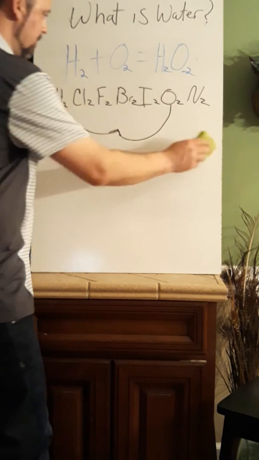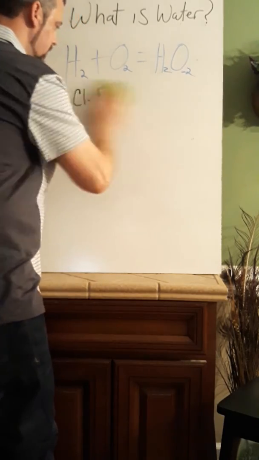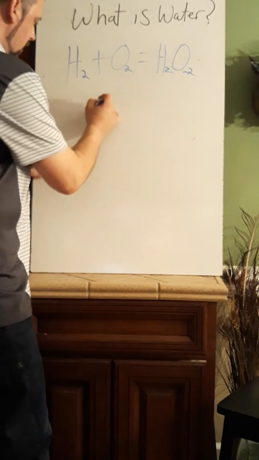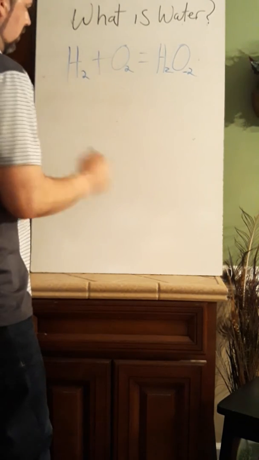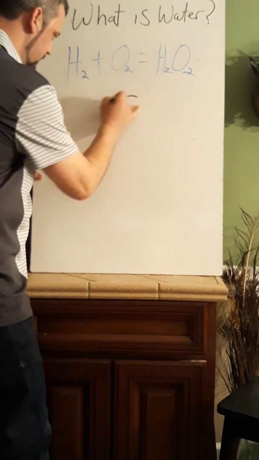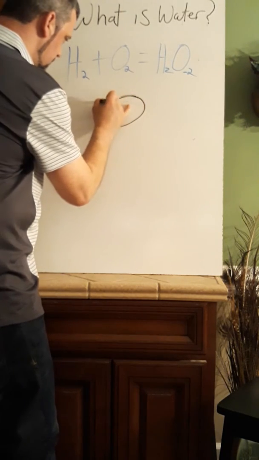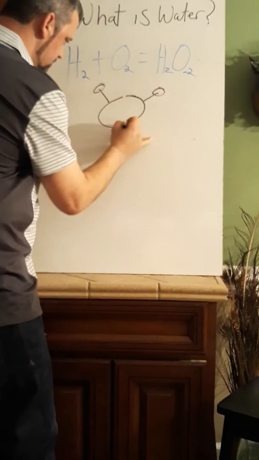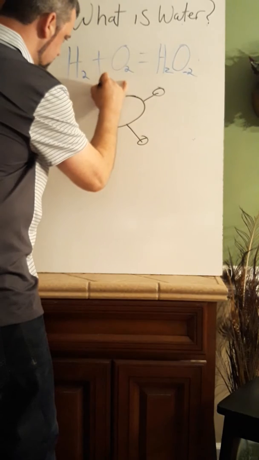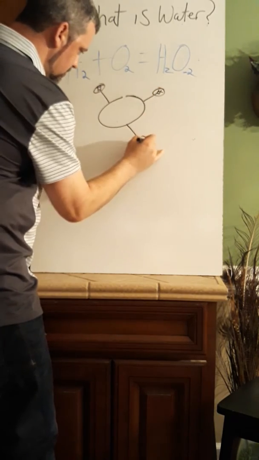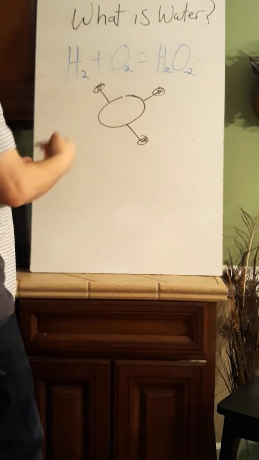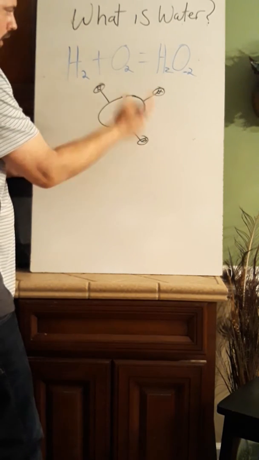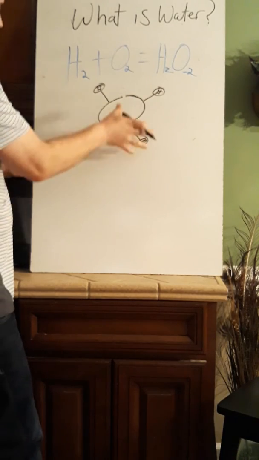So, what happens when you add hydrogen and oxygen together? Oxygen only needs two, so you end up with 2 hydrogen and 1 oxygen to form water.